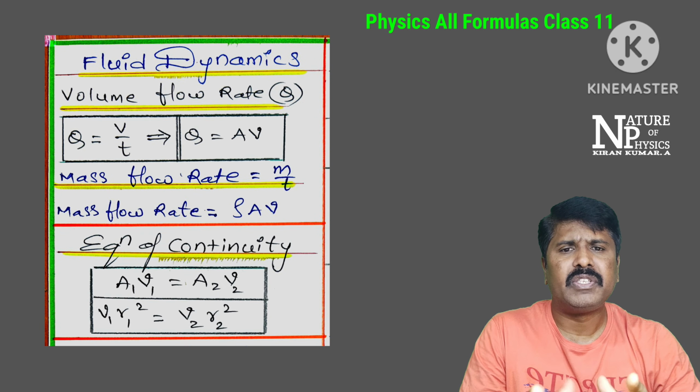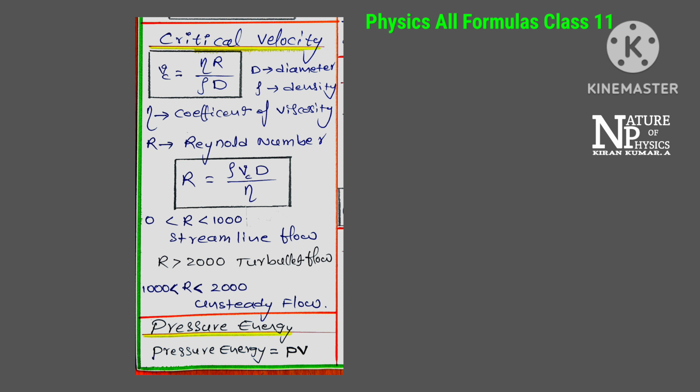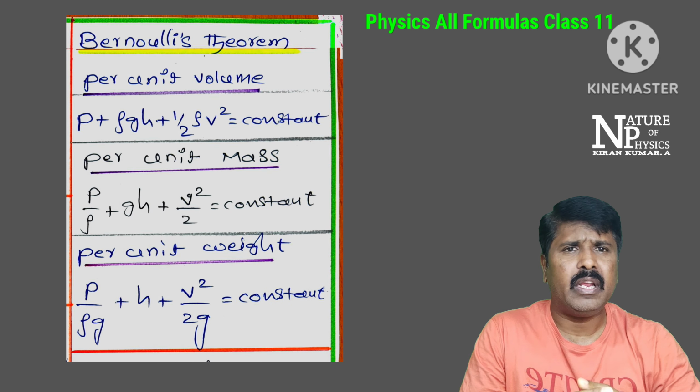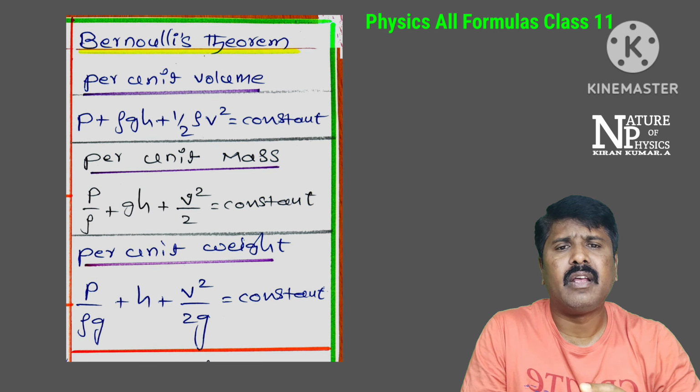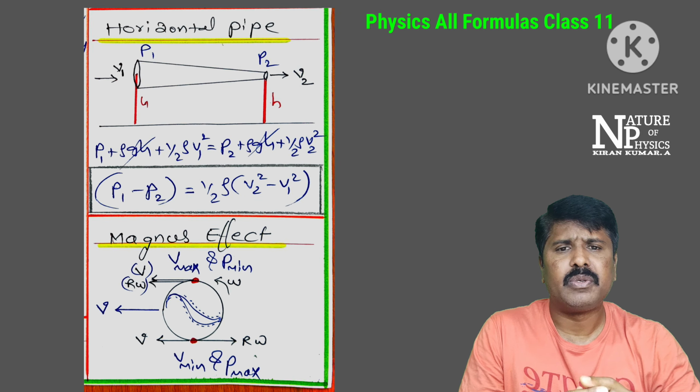And fluid dynamics next, okay, in which volume flow rate I gave you, and also mass flow rate, and equation of continuity, critical velocity. Here, student, Bernoulli theorem formula and different cases of Bernoulli theorem, different formulas also I gave you clearly on the screen. And horizontal pipe and Magnus effect formula also I gave you.